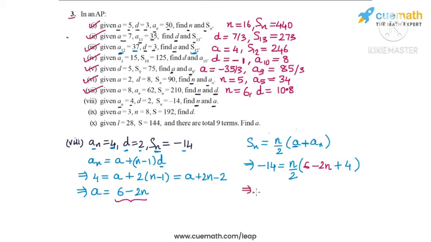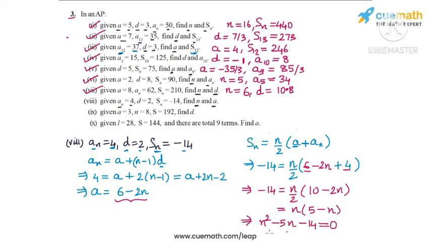So what will we get? We will get minus 14 is equal to n by 2 times 6 plus 4 is 10, so 10 minus 2n. And if we divide by 2, we get n times 5 minus n. And if we now simplify it, we can rewrite this as a quadratic equation in n: n square minus 5n minus 14 equal to 0.